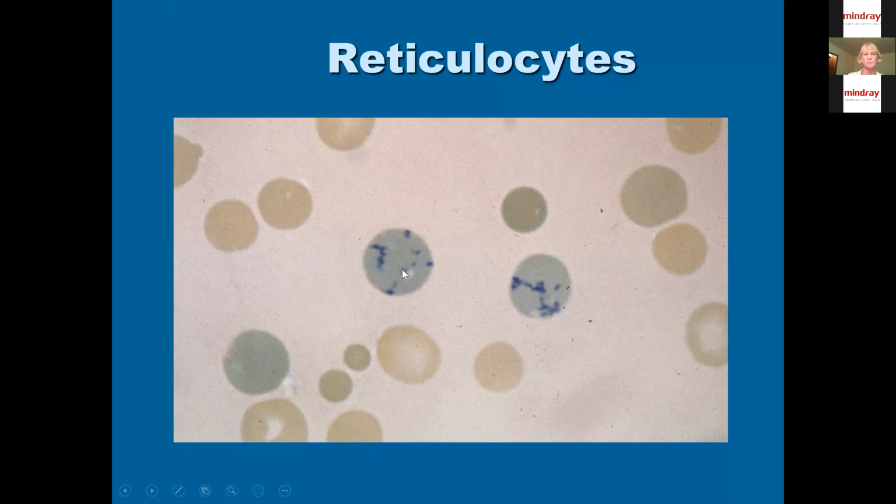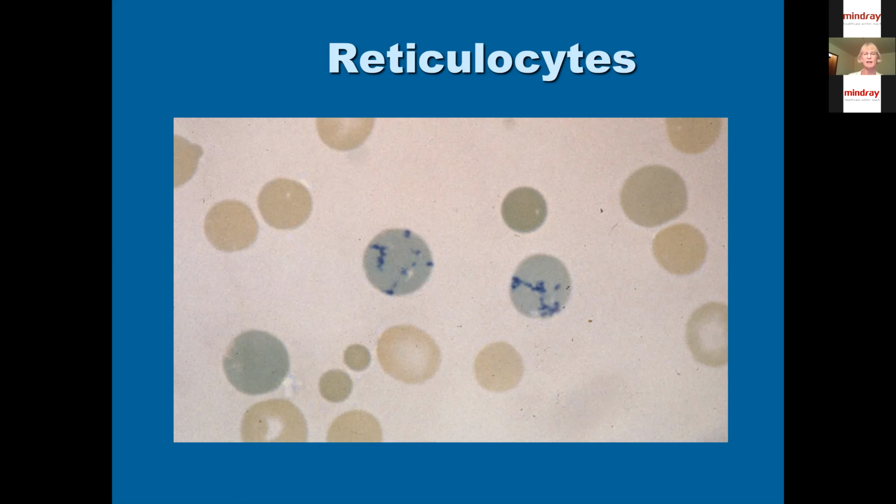As they mature in the blood, they lose these polyribosomes. And these particular stains are important for identifying reticulocytes. You can't see them easily or quantify them on a regular Wright-Giemsa stain smear. You have to do a special stain such as a new methylene blue stain.